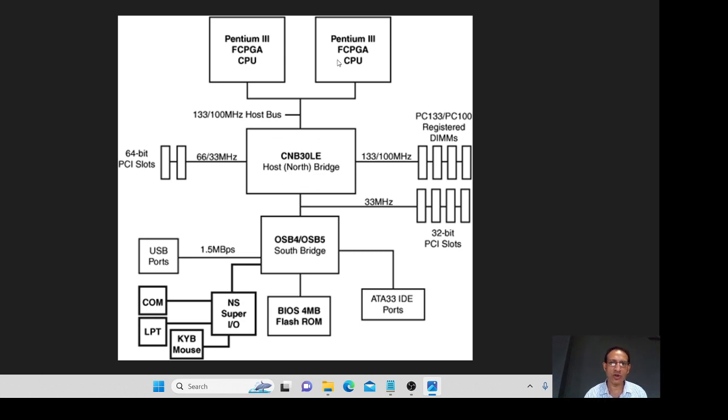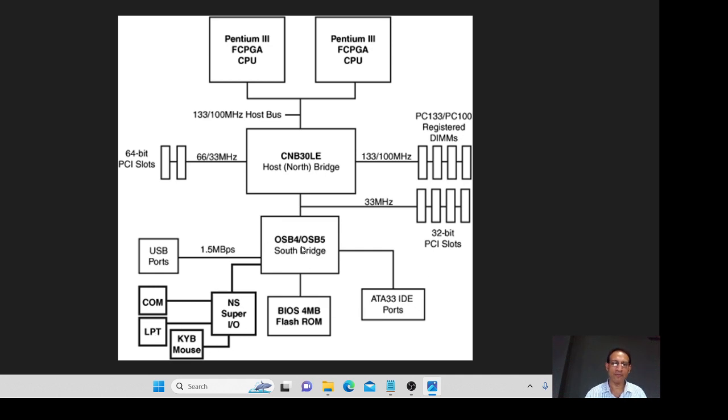Connected to the north bridge are the CPU processor, the PCI slots and the DIMMs, the RAMs. And the south bridge handles USB, the COM port, LPT printer ports, keyboard, and other types of devices.